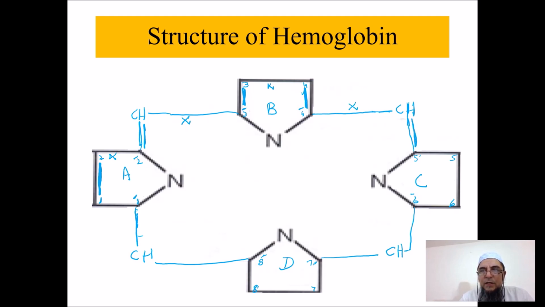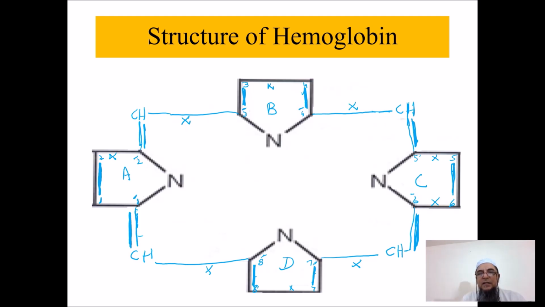Then a double bond here, then no double bond here, and so on, alternating around the ring. And last but not the least, there is a double bond here. Clear? And here there is no double bond. This is the last one.